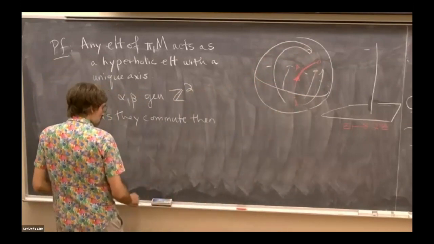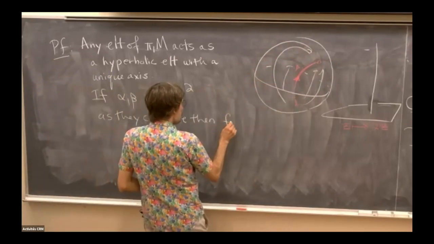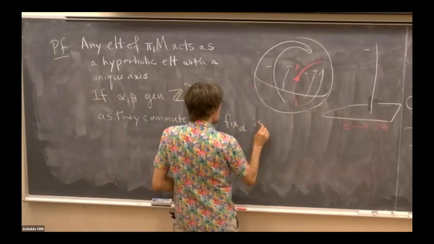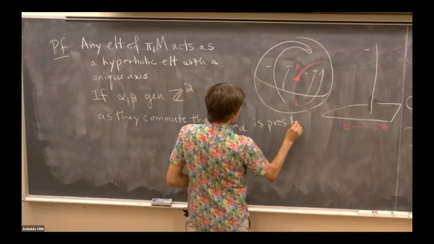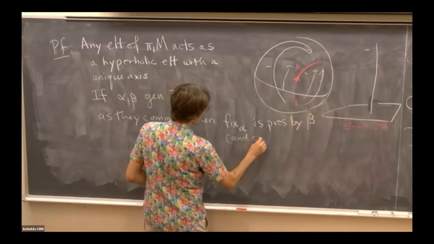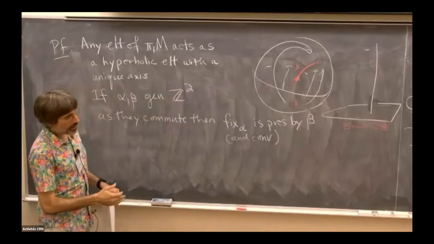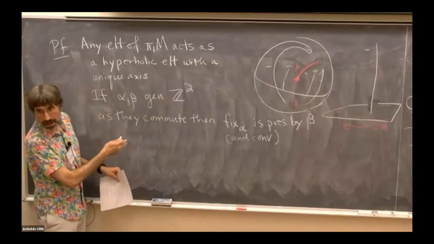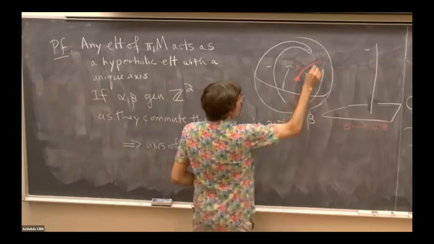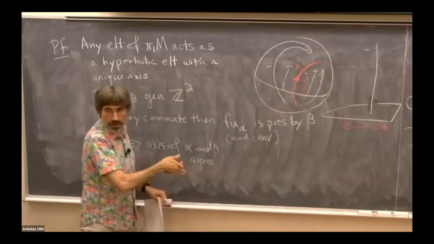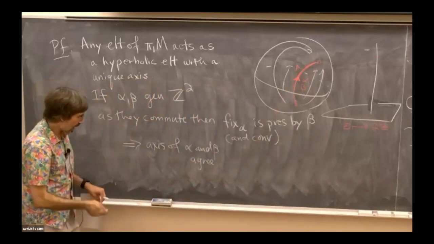So if they commute, the fixed set of alpha is preserved by beta and conversely. Which is to say that the axes of alpha and beta have to agree. And so both alpha and beta are translating along this axis.